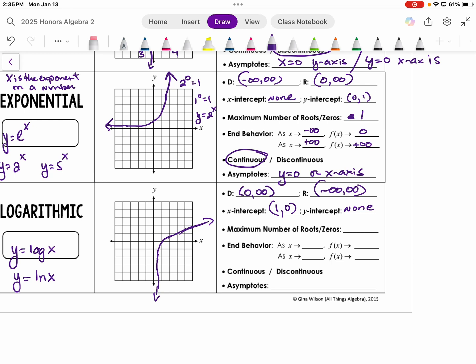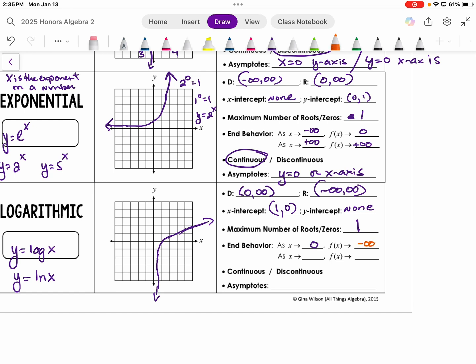Maximum number of x-intercepts, 1. Doesn't get any crazier than that. Actually, we should do this. Let's erase that. That's a great thing about pen tools. As x approaches 0, where is the y going?